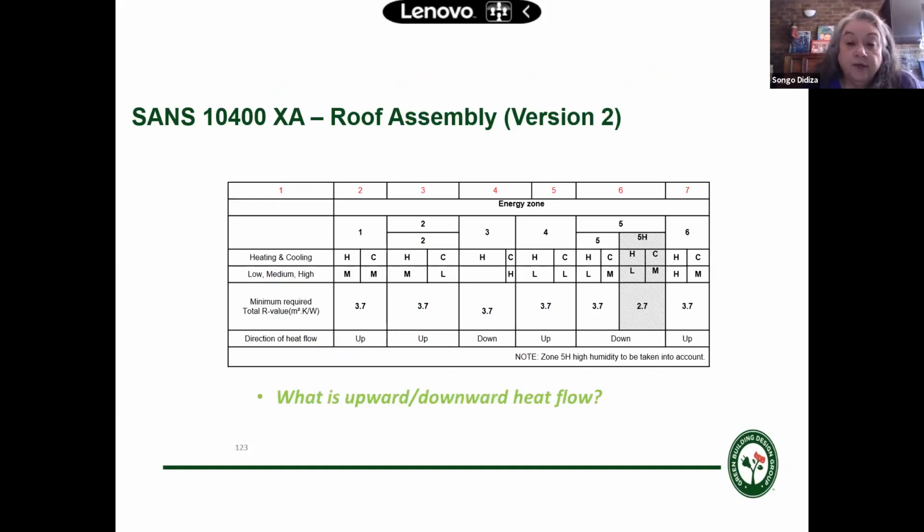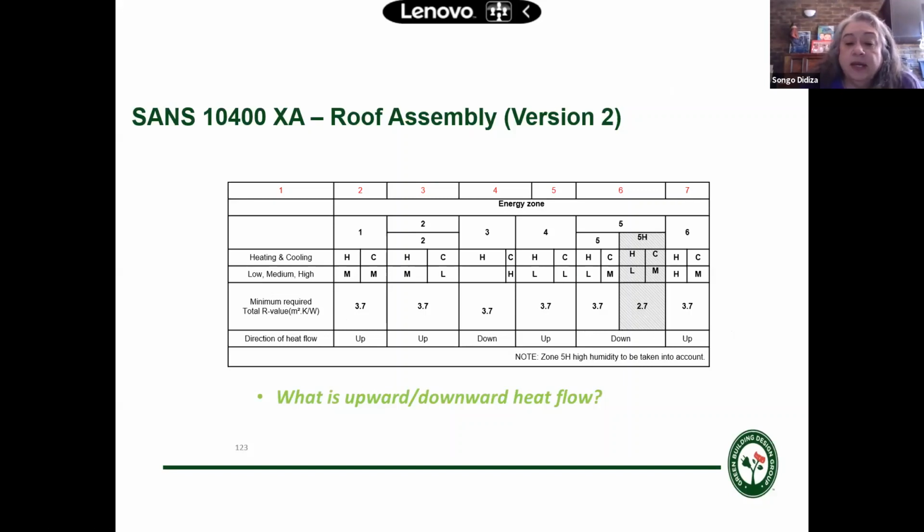In the new 10400XA, version 2, it's about to be published, well, probably towards the end of the year. What we've done is we made it simple. We've said, look, the difference between 3.2 and 3.5 and 3.7 is not that great. Let's make it simpler.